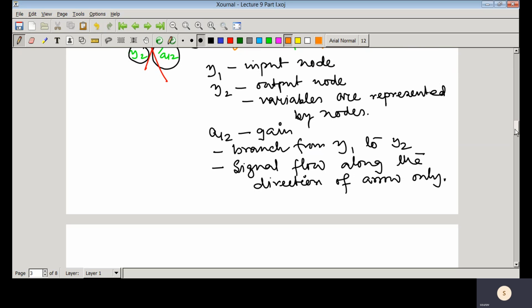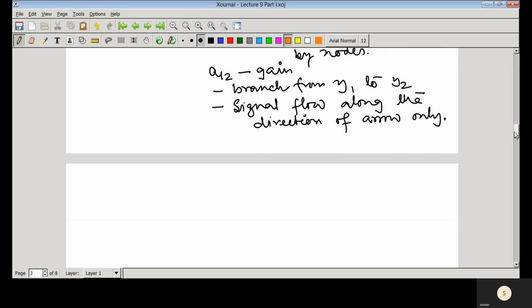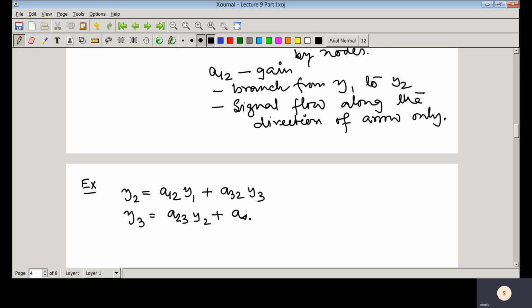So let us take one example. Suppose one system is described by the equations Y2 equal to A12 Y1 plus A32 Y3, and then Y3 equal to A23 Y2 and A43 Y4.